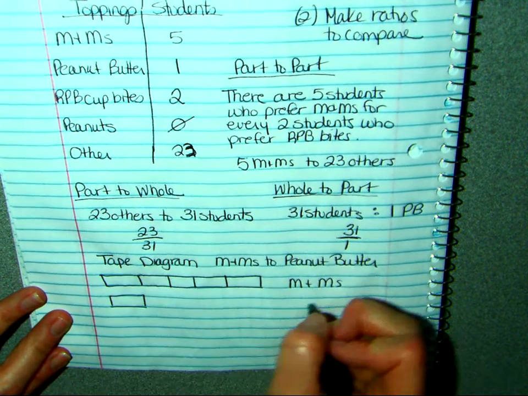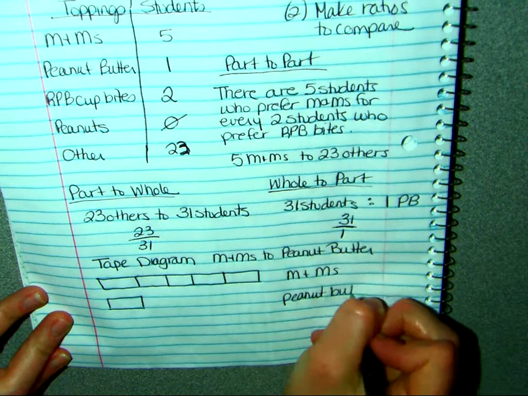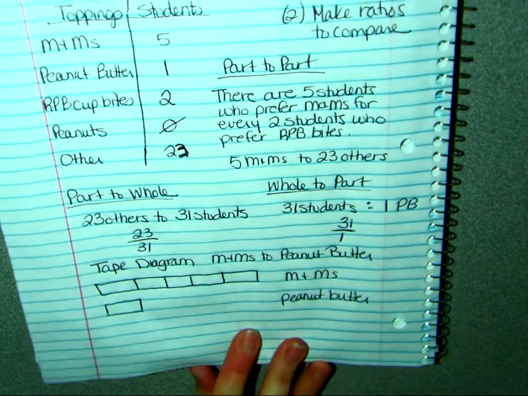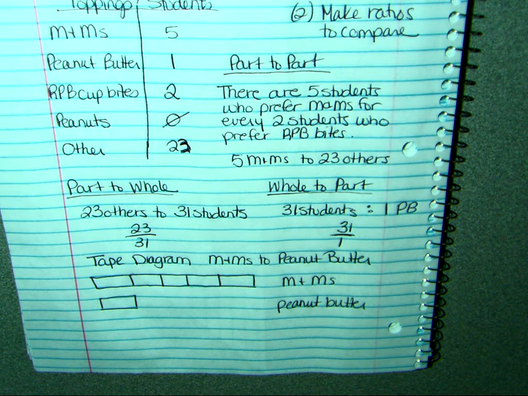And we have 1 piece to represent peanut butter. So somebody asked me before, if you had none, what would you draw? Well, you would draw nothing. You would just label that there was nothing there. So that is another way to draw the diagram. Yes?